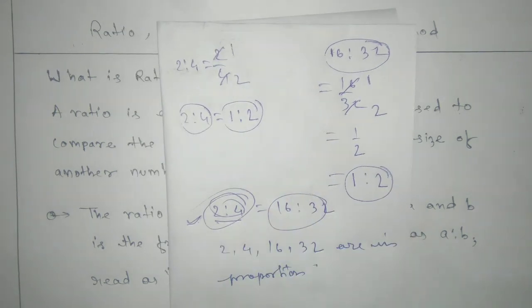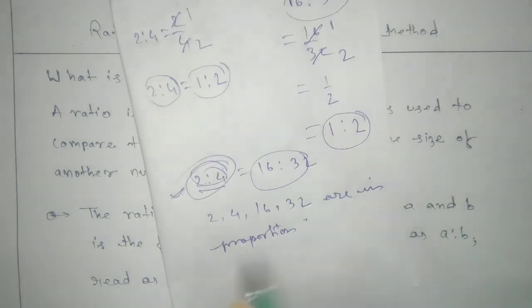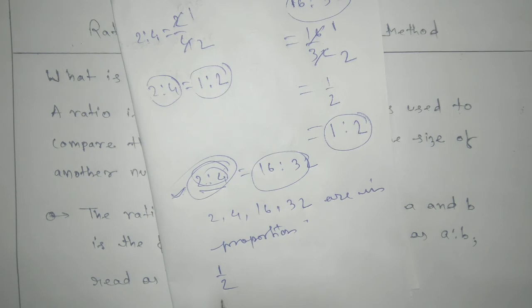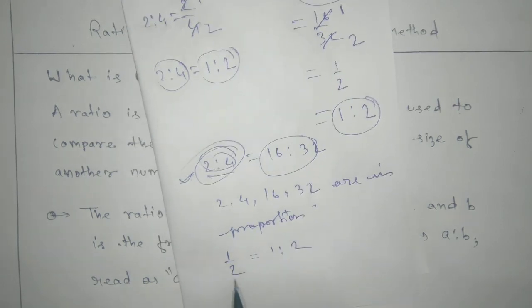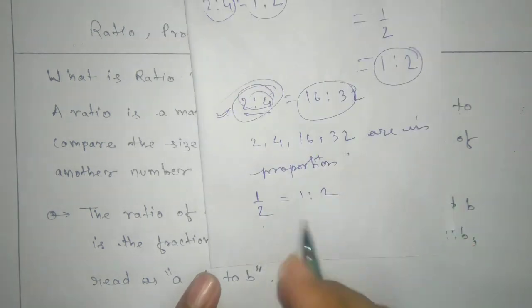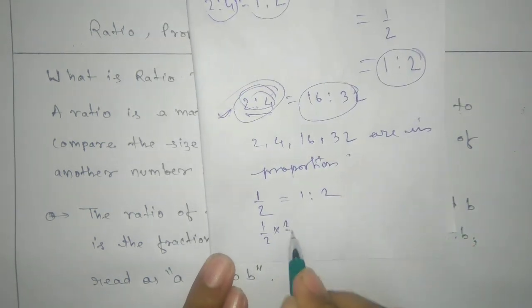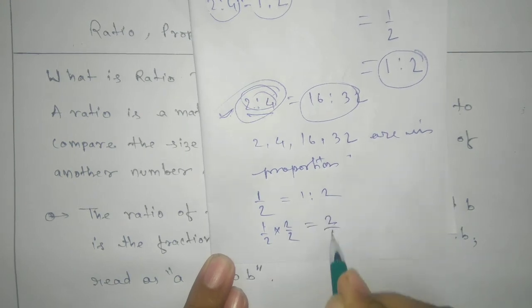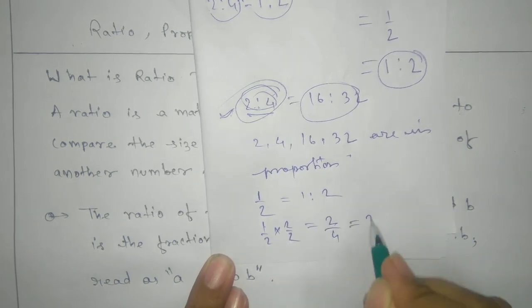Sometimes we may get equivalent ratios. That means if you have 1/2, this can be converted into 1:2. The way you have done for fractions, if we take 1/2 and multiply by 2/2, you get 2/4, and this can be written as 2:4.